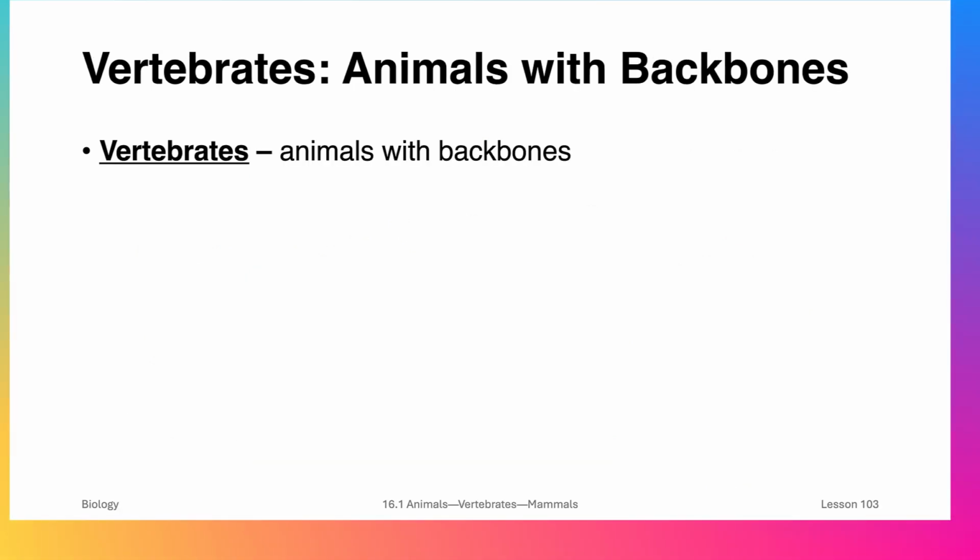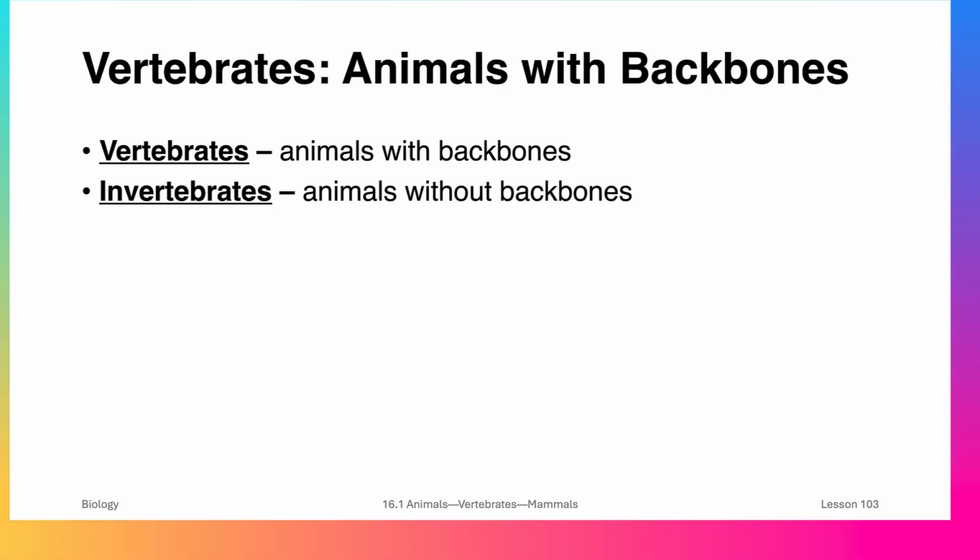Now, vertebrates are animals that have backbones, and invertebrates are therefore animals that do not have backbones. And this is a major distinction in the animal kingdom between a large group of invertebrate animals without backbones, and we will talk about invertebrates extensively in the last 2 weeks of this quarter.